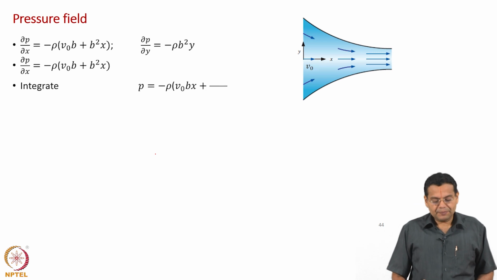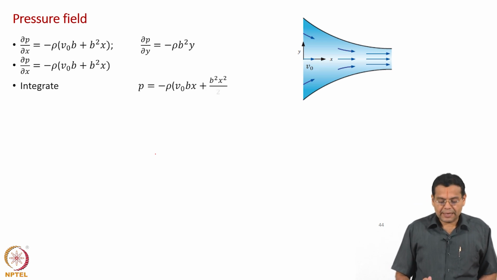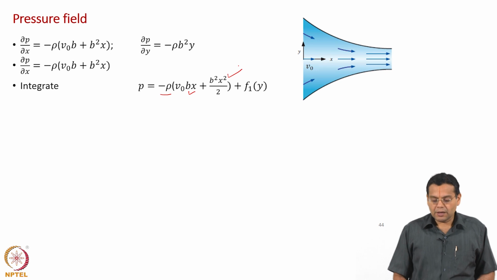So, when you integrate, left hand side p, right hand side minus rho into V naught b x plus b squared x squared by 2, and now we have a constant; since it is partial integration, that can be a function of y, which we denote as f1 of y.